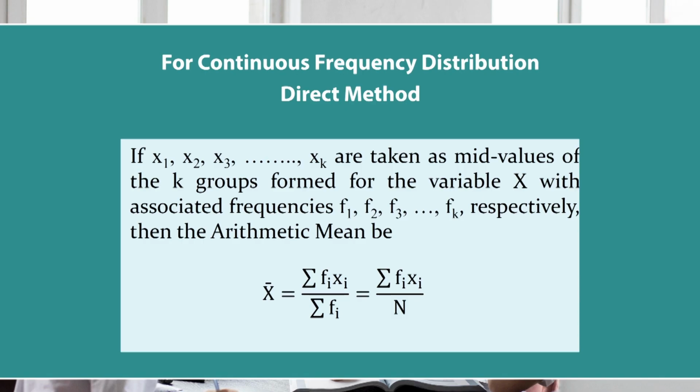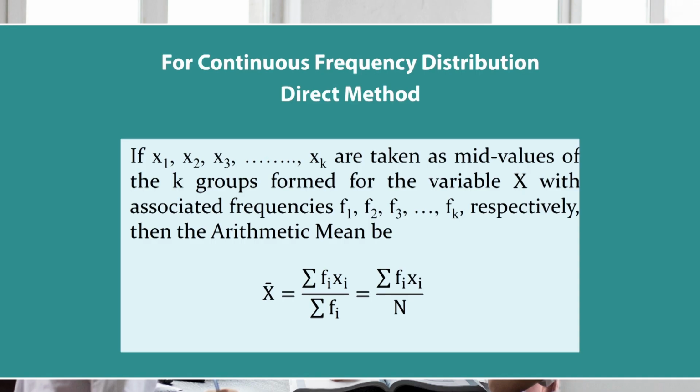If x1, x2, x3 up to xk are the mid values of the k groups formed for the variable x, then, as we have already discussed, a continuous frequency distribution is a setup in which the whole data, the number of observations, is classified into groups and the corresponding frequencies are given accordingly.